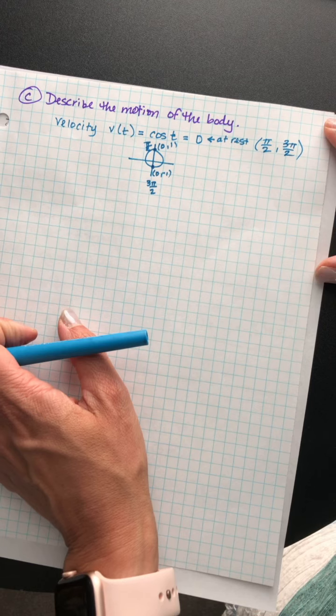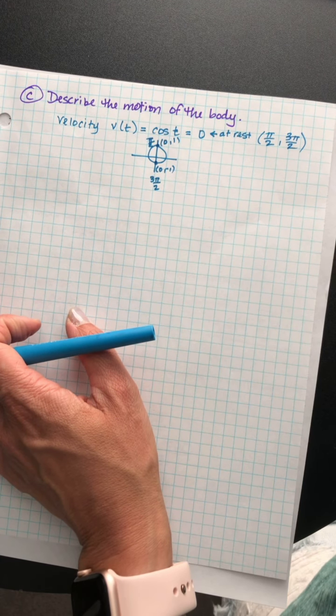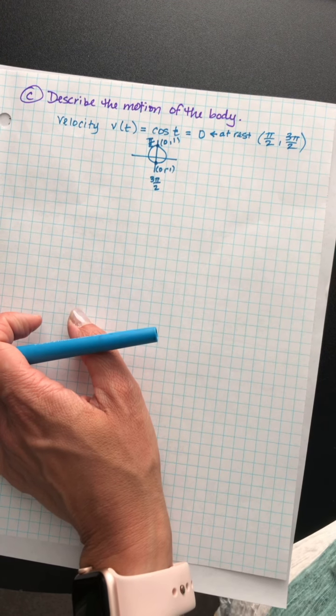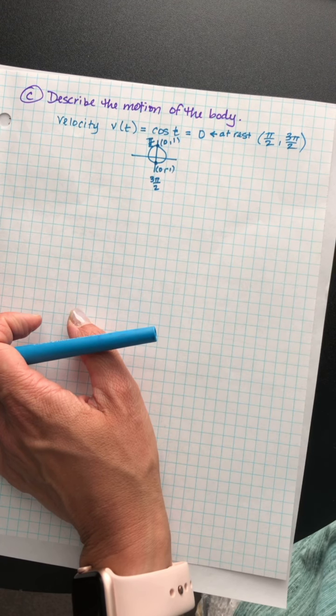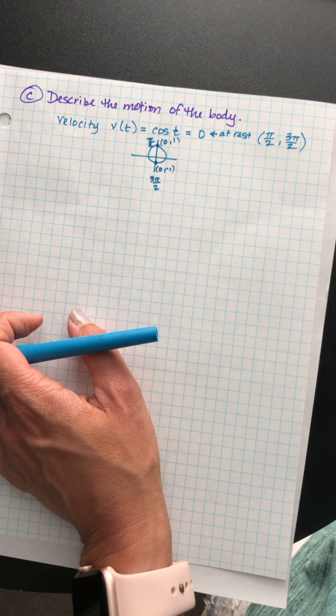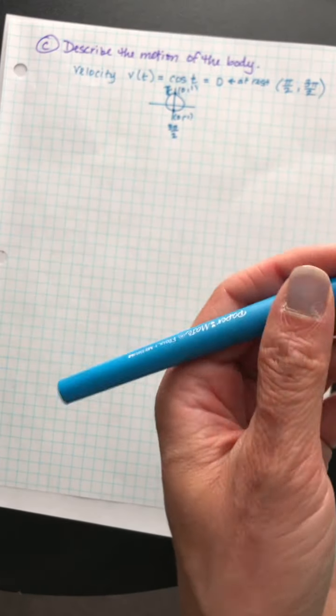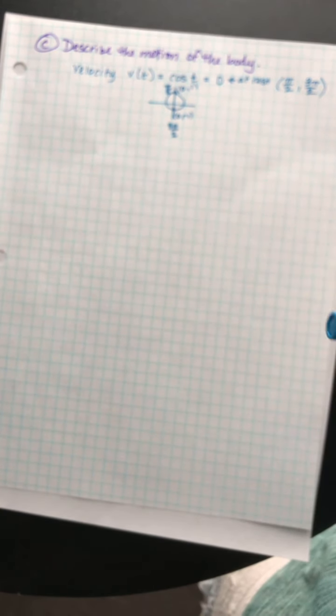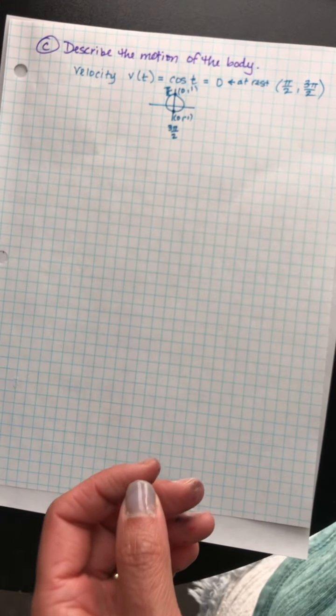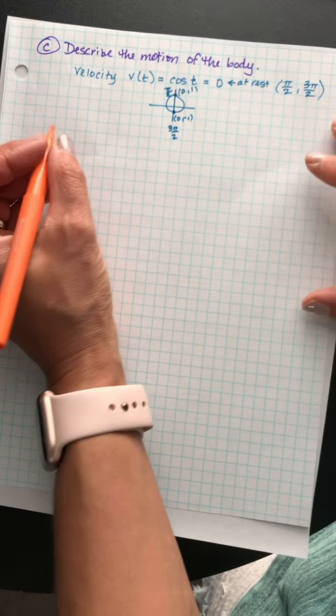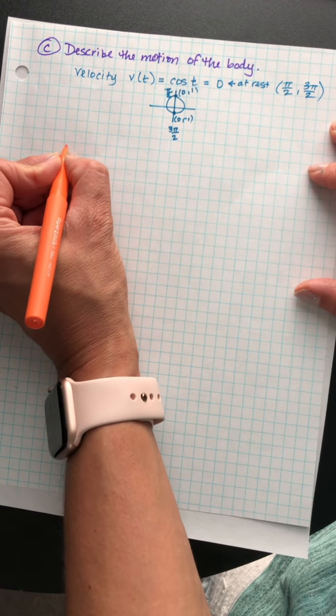Okay, so remember, velocity describes motion. So velocity tells us when it's turning, when it's going in a positive direction, and when it's going in a negative direction. So we're going to look at the graph of velocity, which is the cosine graph, and that's going to help us with the position of this function.